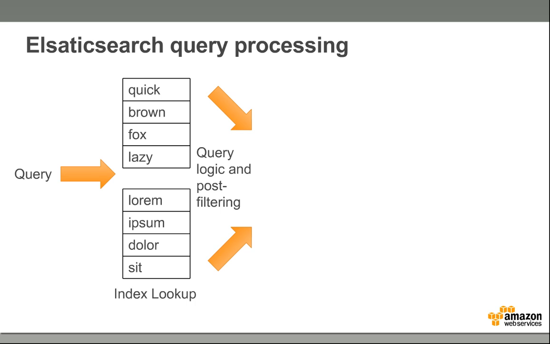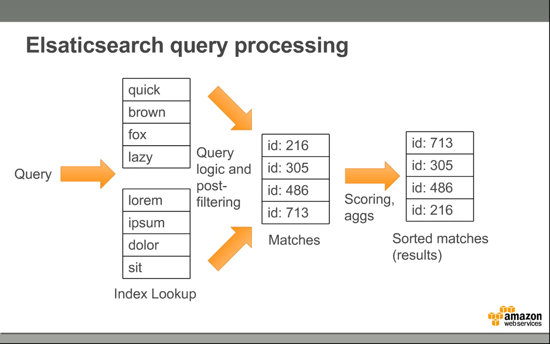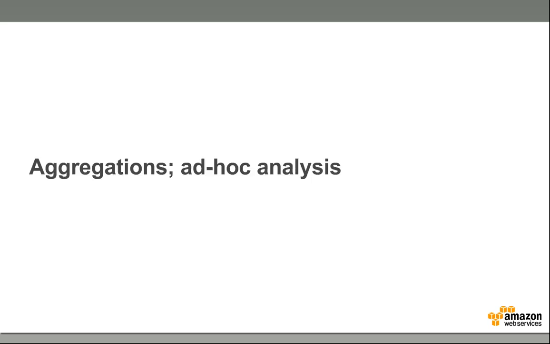We apply post filtering, and then we get a set of matches. On that set of matches, we then score each of those matches and compute our aggregations on top of them and return that as our sorted result set. So this is a really quick overview of how query processing works.